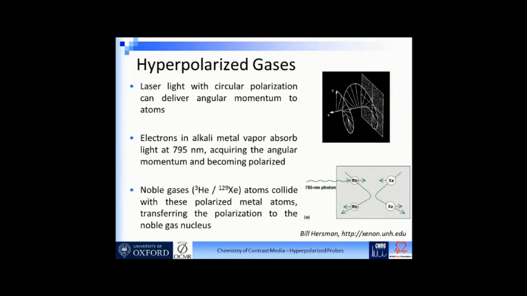If we then introduce noble gases, things like helium-3 or xenon-129, those noble gas atoms collide with the polarized metal atoms, and that transfers this increased polarization onto the noble gases, so that we end up with a very artificially enhanced polarization state where lots more of these nuclear spins are pointing in one particular direction, so we have a high signal level.